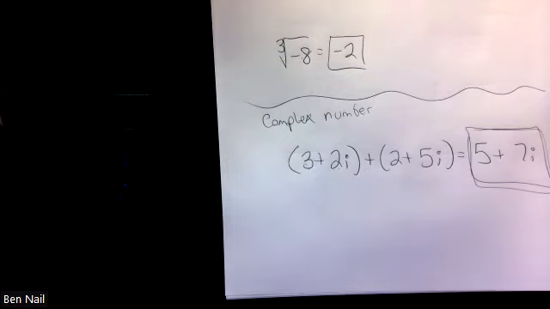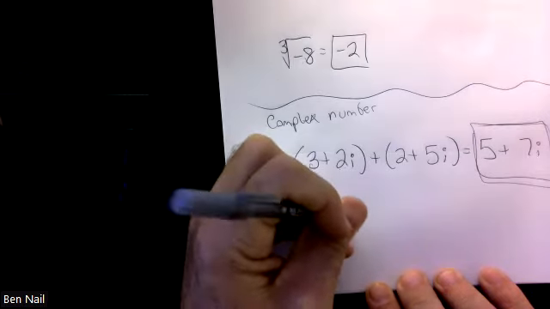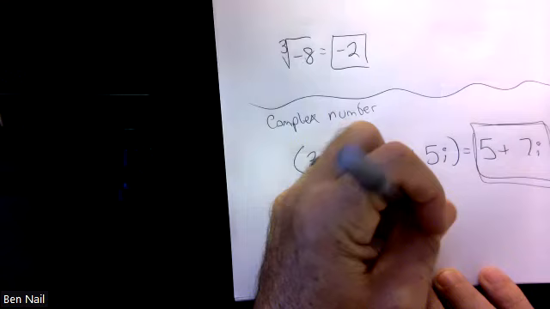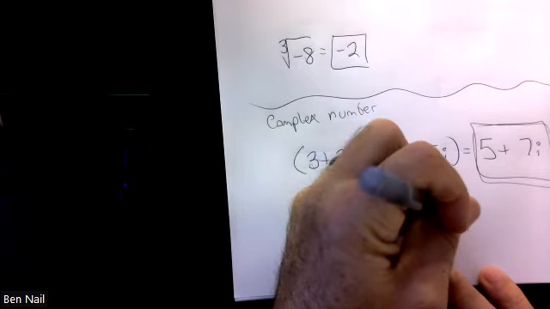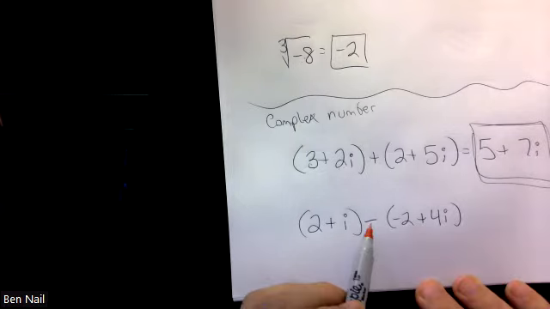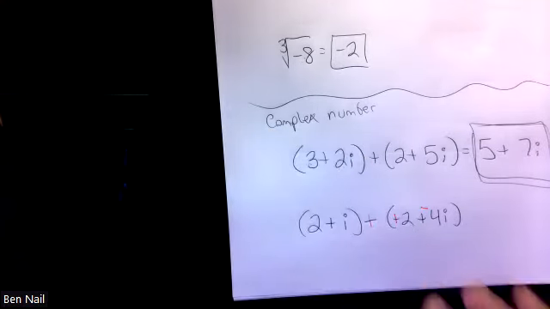Kind of along the same lines, if they ask you to subtract, subtraction is just adding the opposite. So if they're asking you to subtract, remember to distribute that. That changes your signs.